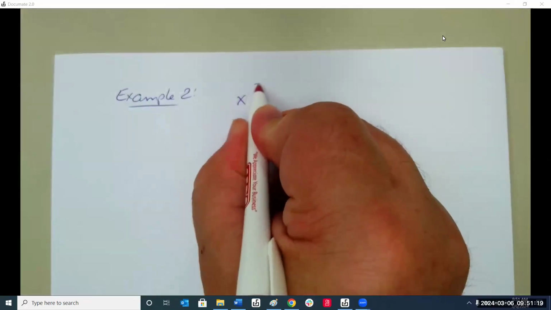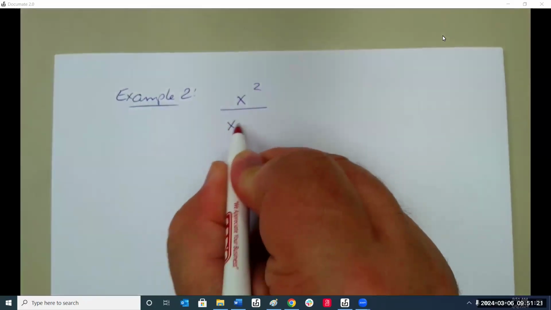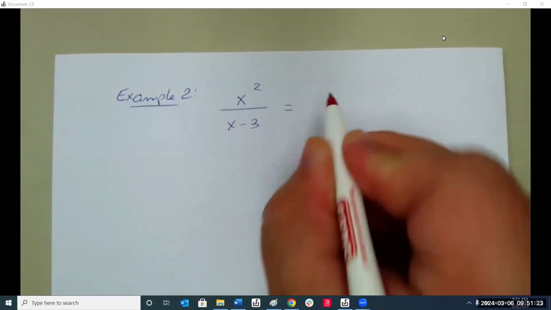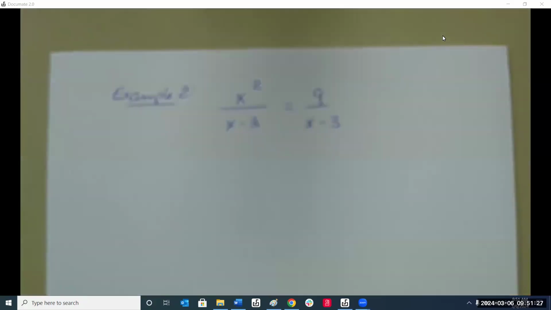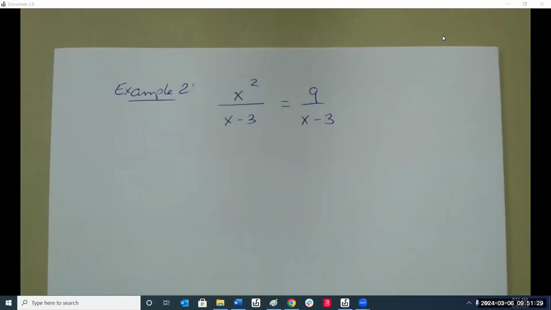We got x squared over x minus 3 equals 9 over x minus 3. How would you approach this one?